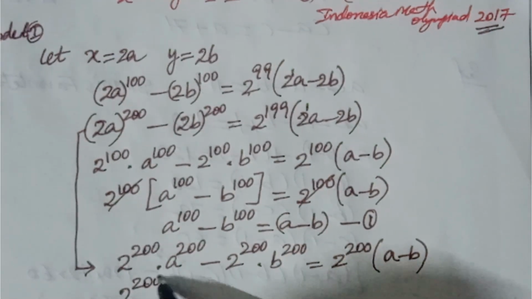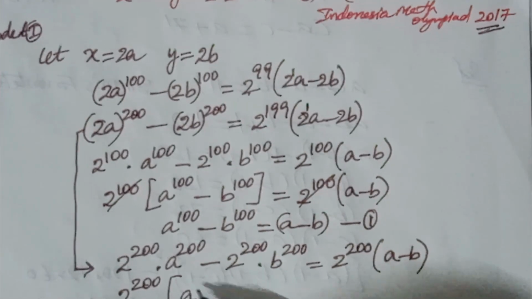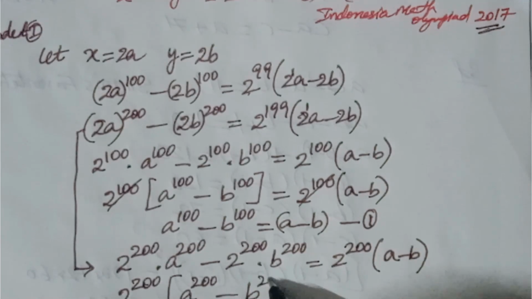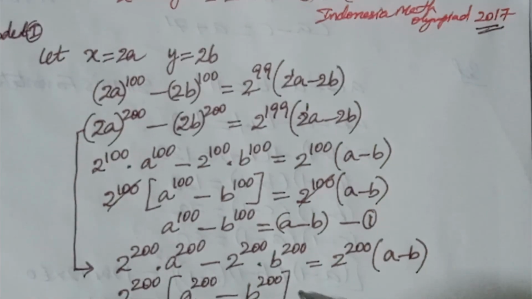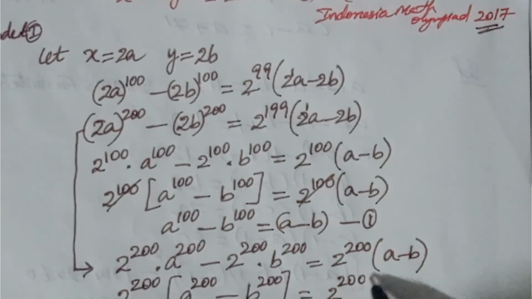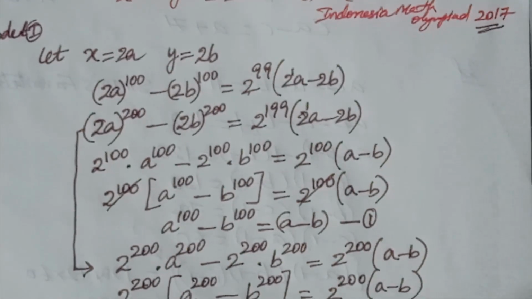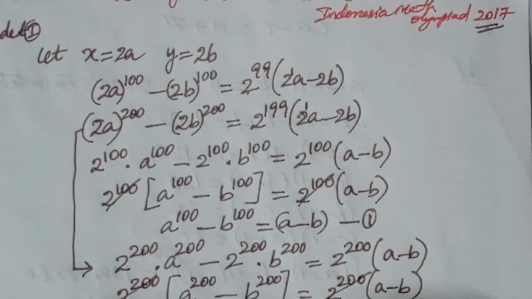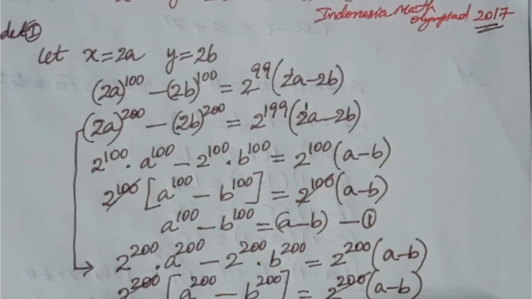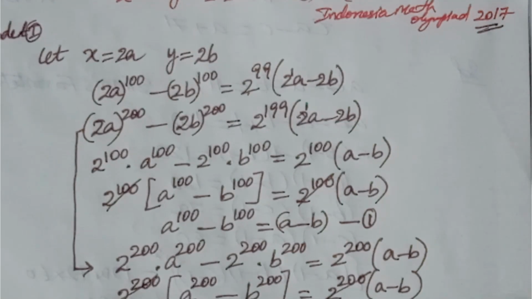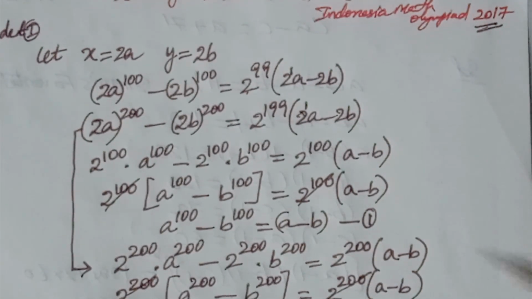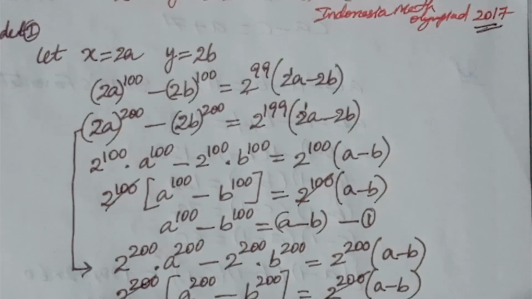Taking 2 to the power of 200 common, a to the power of 200 minus b to the power of 200 is equal to a minus b. Let it be the second one.